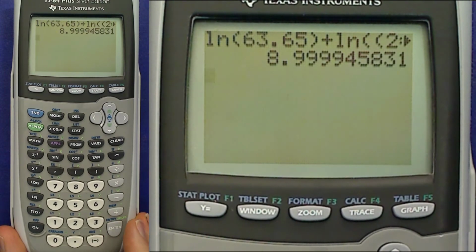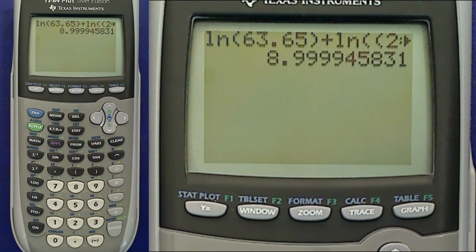So you can see there it's 8.9999 and a little bit. That's because if you notice, I've rounded it to the nearest hundredth, 63.65. So that means that 63.65 is very close to being a solution, but it's not exactly.